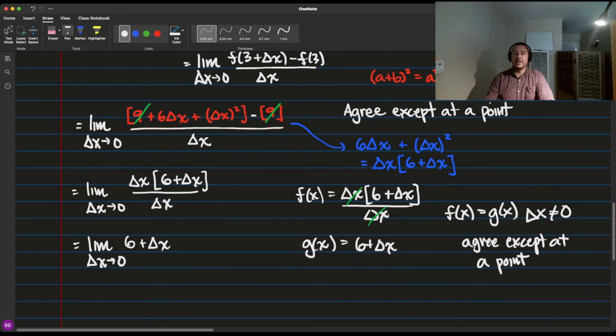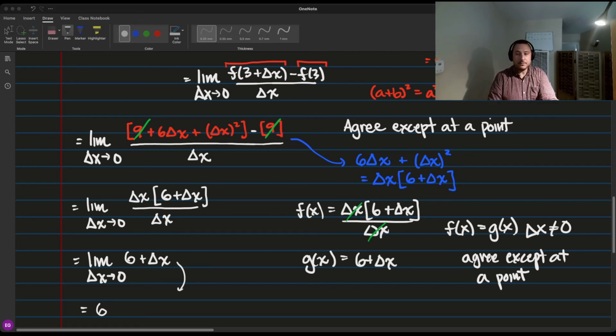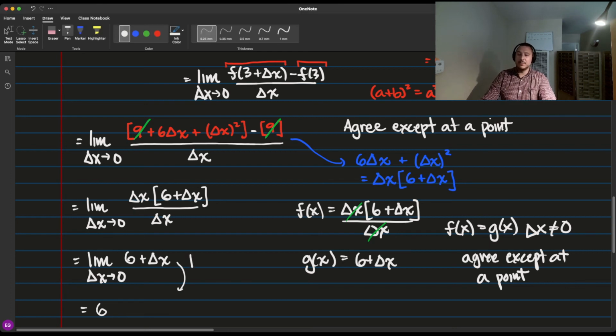Now, how would I solve this limit? What is the method I'll use to go from here to here to get an actual number, which will be 6? What is the method I use to calculate it? Yeah, direct substitution, yes.